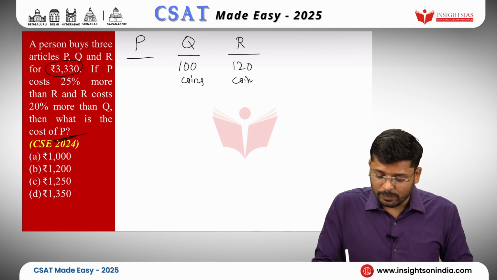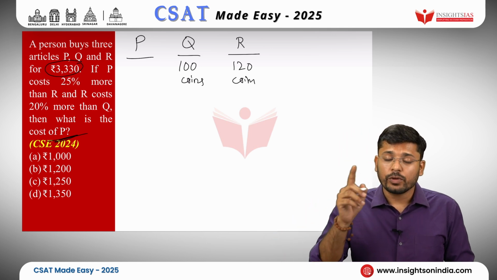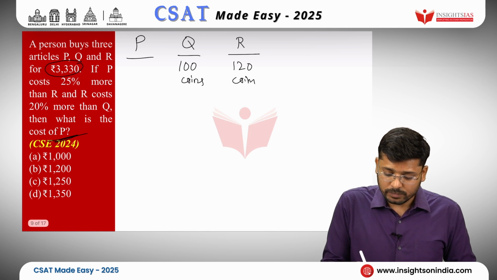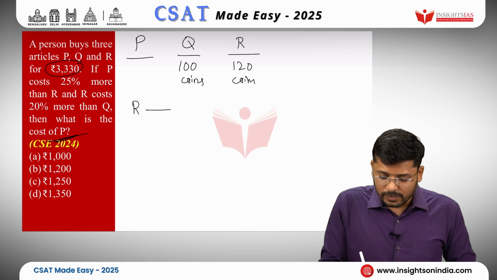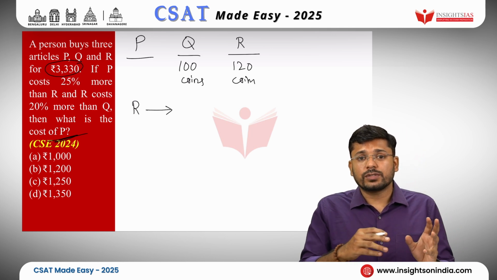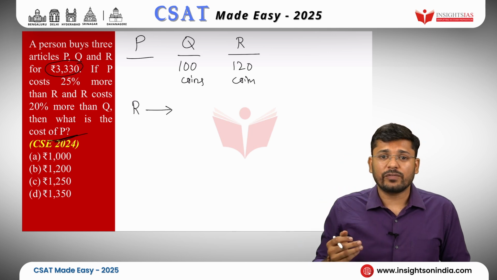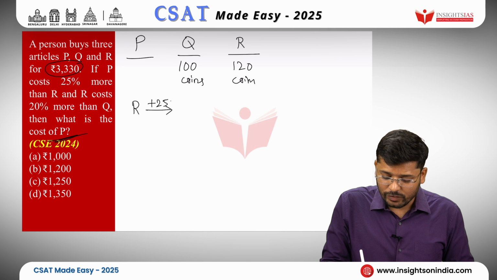That is easily available because R costs 20% more than Q. Now P costs 25% more than R. How do we do this? We need to increase R by 25%, that's all, because P costs 25% more than R. So if we increase R by 25%, we will get the value of P.